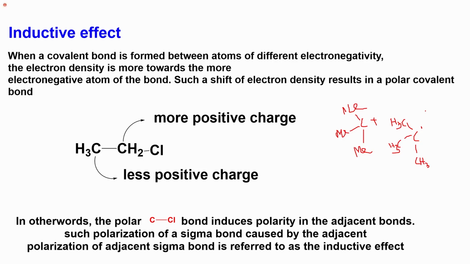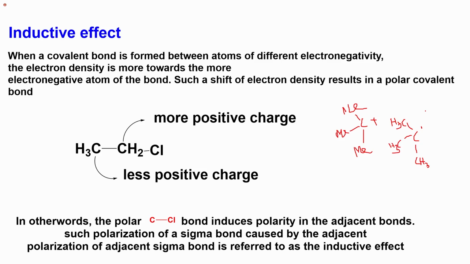So what is the inductive effect? When a covalent bond is formed between atoms of different electronegativity, the electron density is more towards the more electronegative atom of the bond. Such a shift of electron density results in a polar covalent bond.